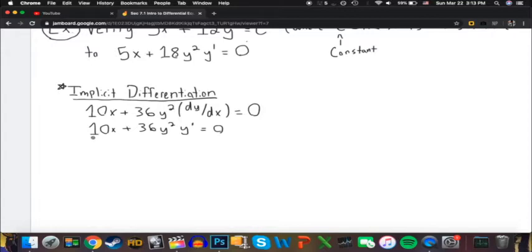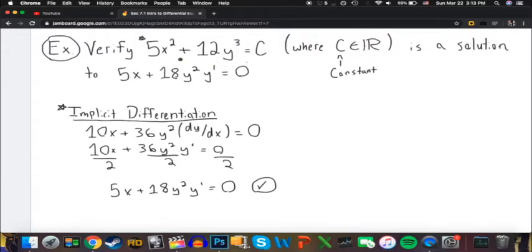So if we divide everything by 2, this in turn is still going to give us 5x plus 18y squared y prime, and anything that you divide into 0 is still going to be 0. So this, in fact, is a solution to this particular differential equation.